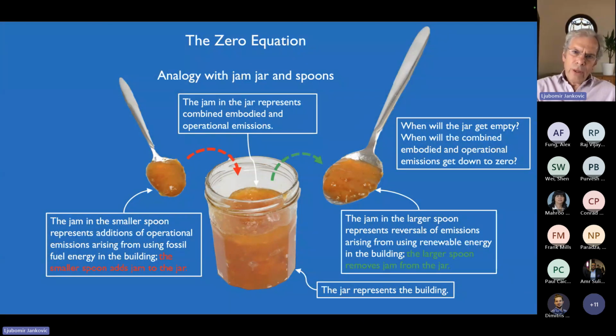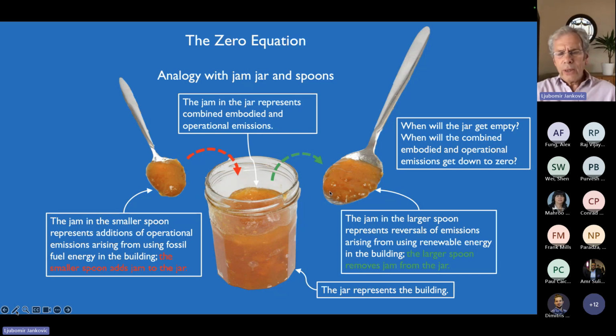Now, there's an analogous representation of the zero equation, and that starts with a representation of the building as a jam jar. Jam in the jar represents combined embodied and operational emissions. And then we have a small spoon that feeds jam into the jar that represents positive operational emissions arising from using fossil fuels.